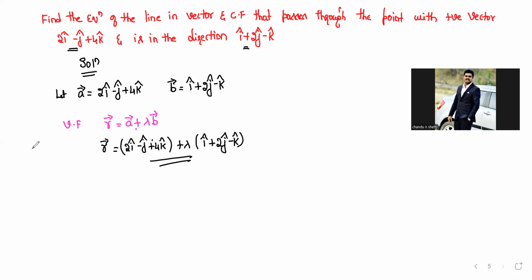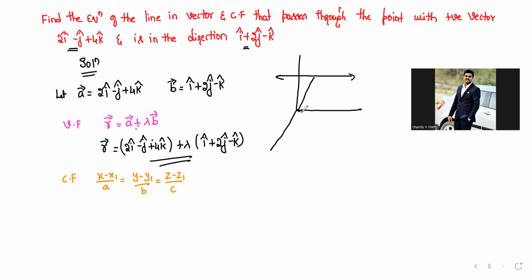Now the Cartesian form, you should observe: (x minus x1) by a, (y minus y1) by b, (z minus z1) by c. Okay, so we know in the diagram, this is P (x, y, z).